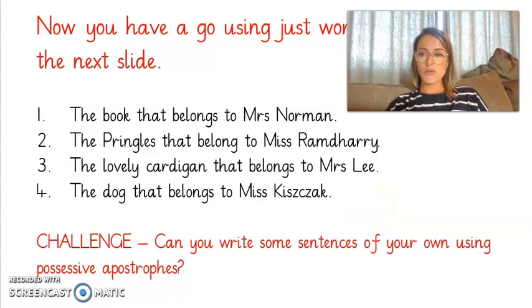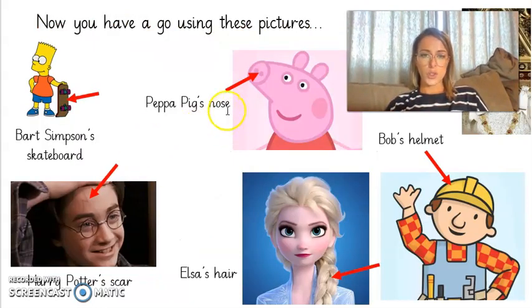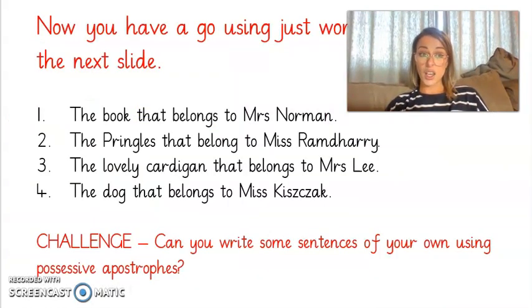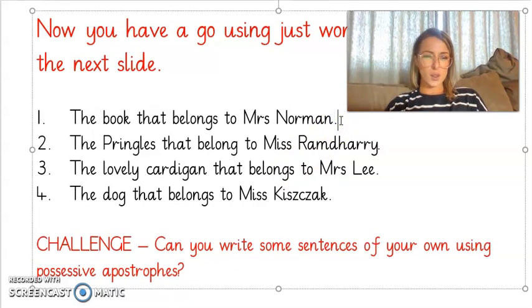So, you are going to write, just like before, with the apostrophes. This time I haven't given you pictures, I have just given you words. It's a bit trickier with words. So you are going to write the answers. Just make sure you get those apostrophes in as well. I'll give you the first one.